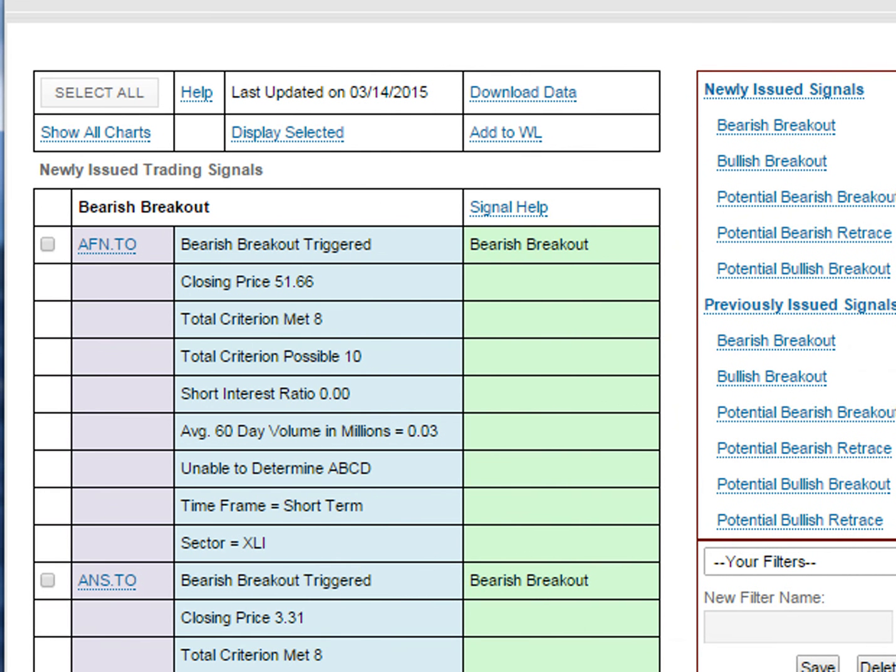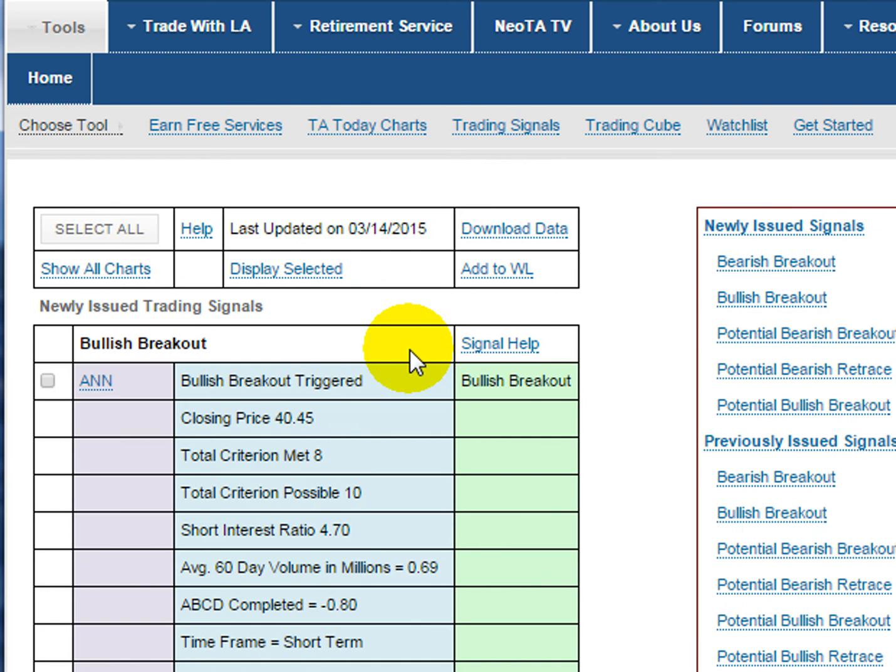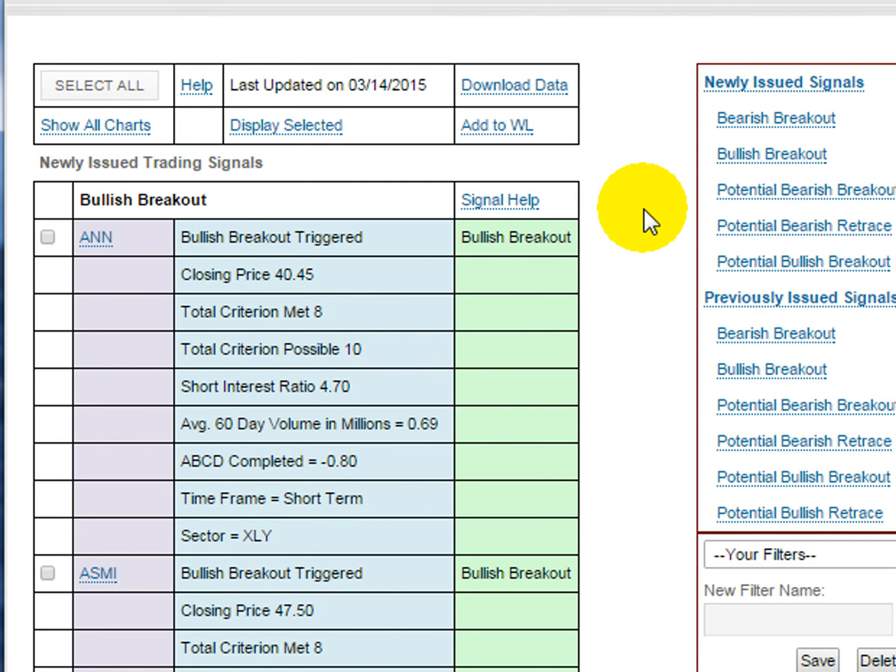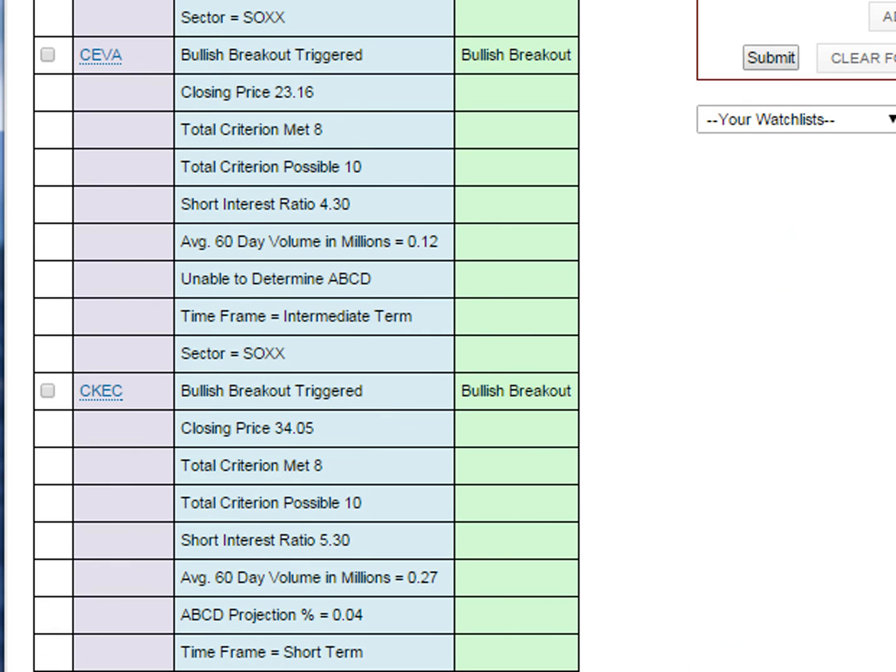Now, if we move over and look at the signals themselves, they're broken down into these characteristics. For example, if I click on bullish breakout, it will show me all of the breakout signals that are bullish as of today, and it will generate just those.